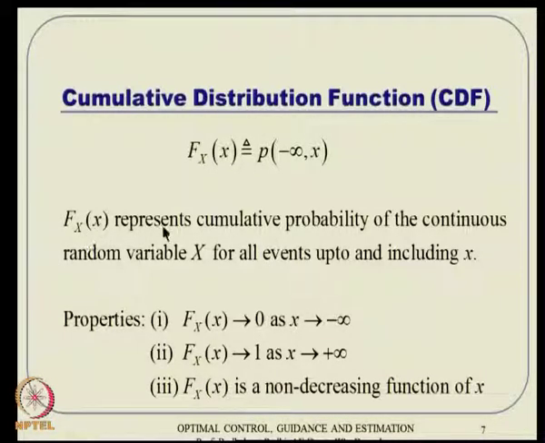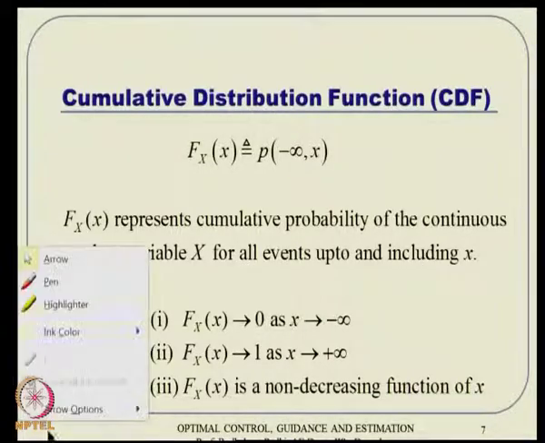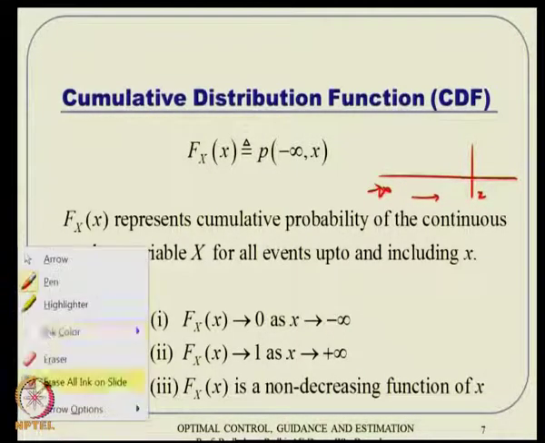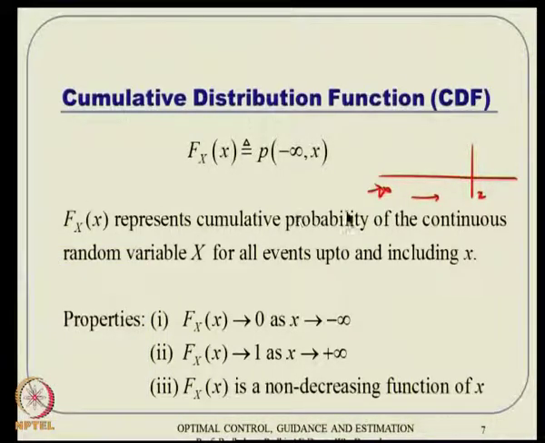It represents the cumulative probability of the continuous random variable x for all events up to and including x, starting from minus infinity and coming all the way up to x.